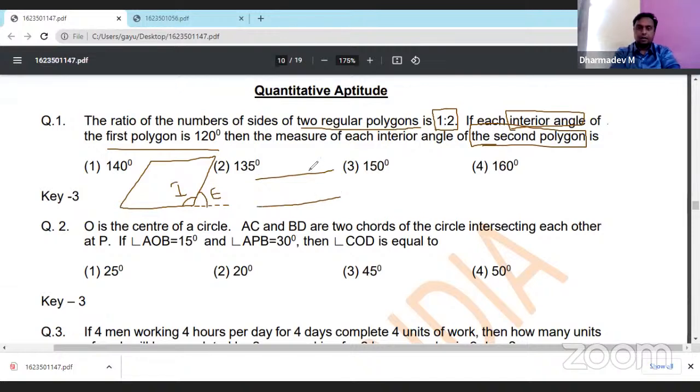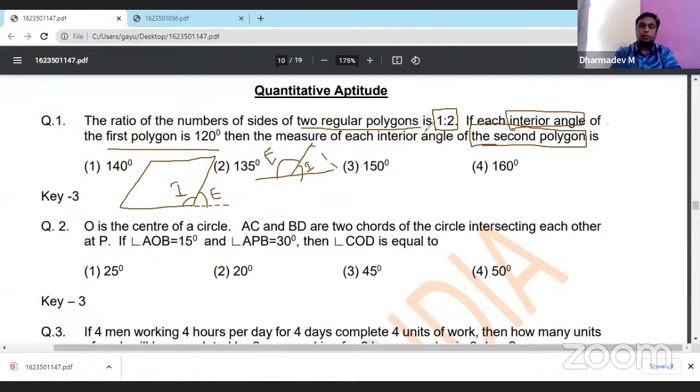Or if I have a linear line of 180 and the shape is on this side, then this is interior and this would become the exterior. Are you clear with that? Yes, correct. All the angles inside the figure are interior.